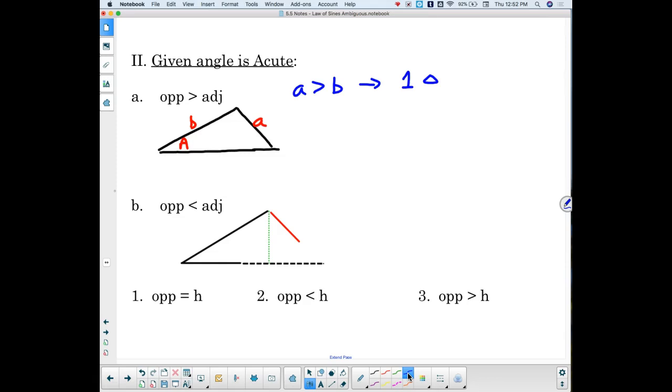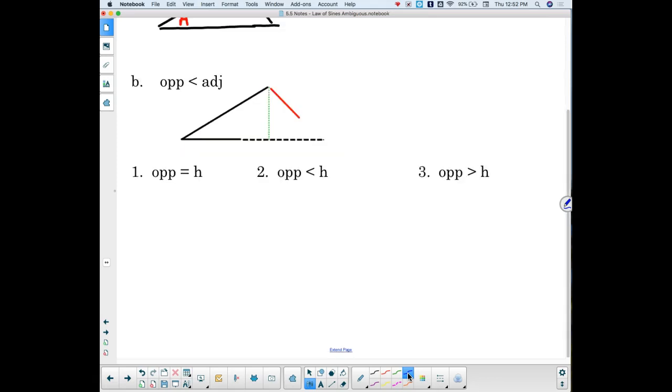Here's where things get crazy. Let's label our picture. Here's our angle. Here's side B, our adjacent side. Here's side A, our opposite side.